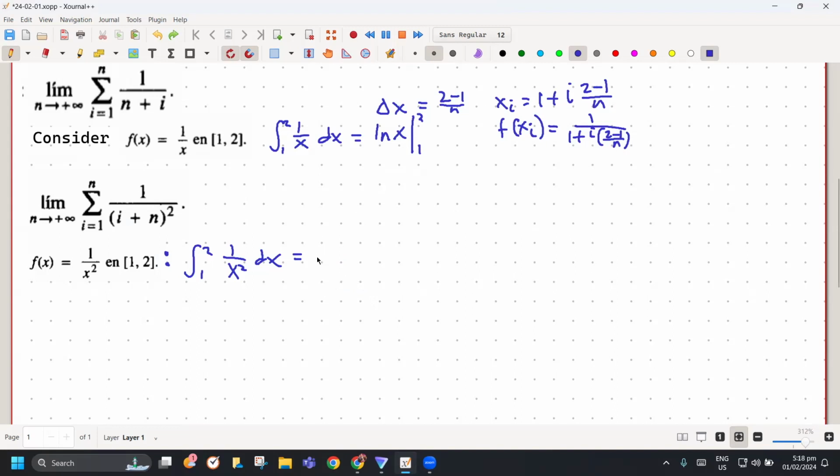Yun na pala. So, check mo kung pag nagsimula ka dyan, makukuha mo yung limit na yan. So, negative. Nilagay ito.